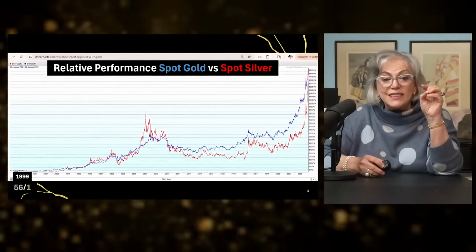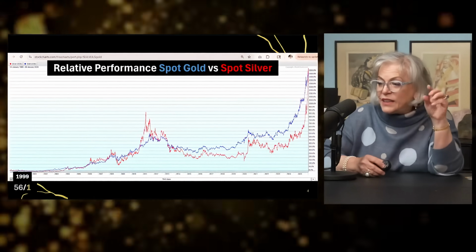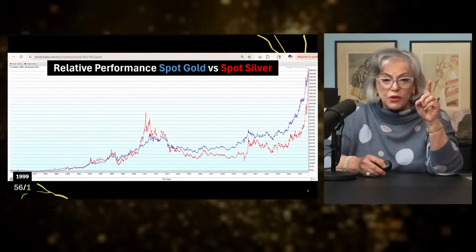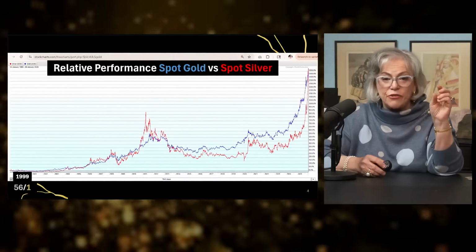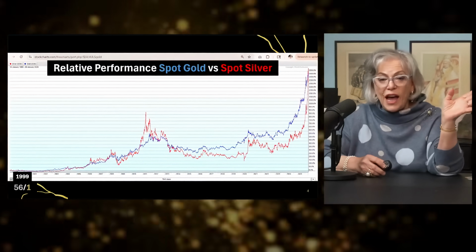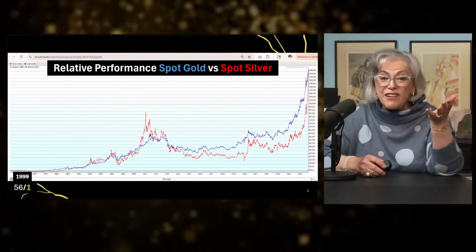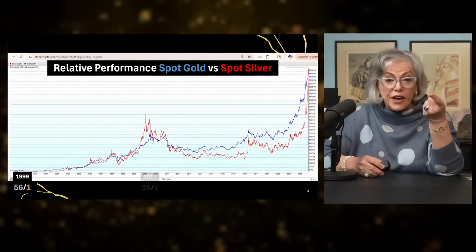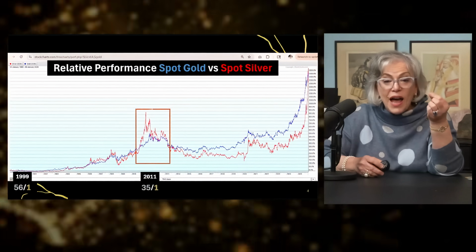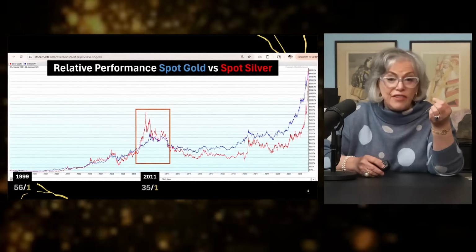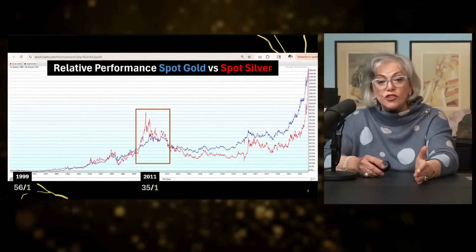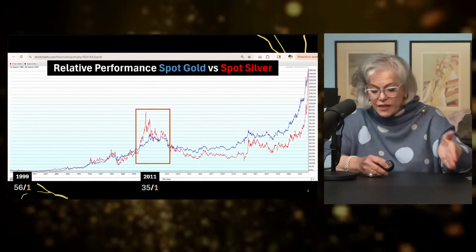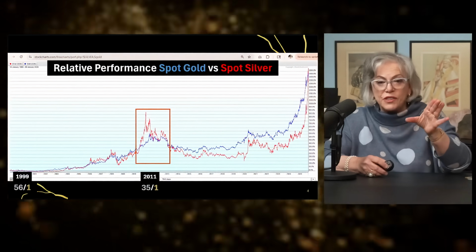And so you can see back in, what was that date? '99, when we had actually the first derivative explosion, but we'll just stay here for today. And you can see how both spot gold and silver kind of followed the same trajectory. And then we saw a greater move above it back in 2011, right? So the financial crisis became apparent to everybody in 2008. It was happening before that, but the public couldn't see it.